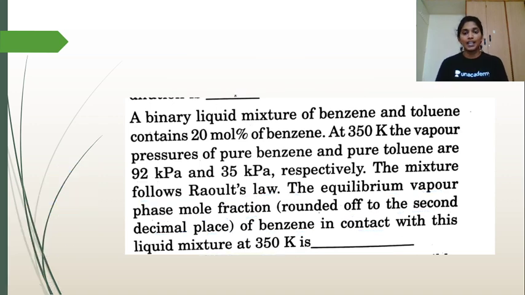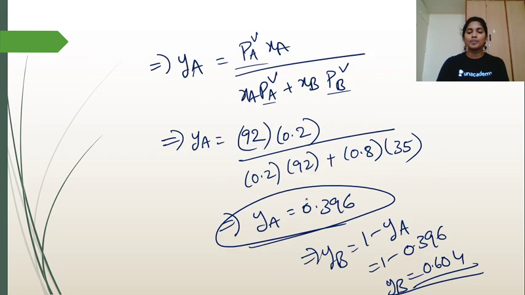If you are quick in calculations, and at the same time you should be accurate in your calculations also. Because they were asking rounded off to the second decimal place, the answer will be correct only if you give the exact answer. So they will not give a range in such type of questions.